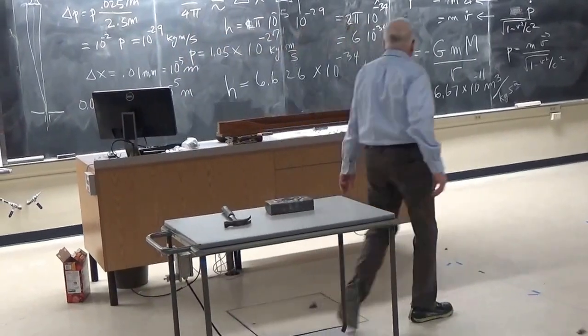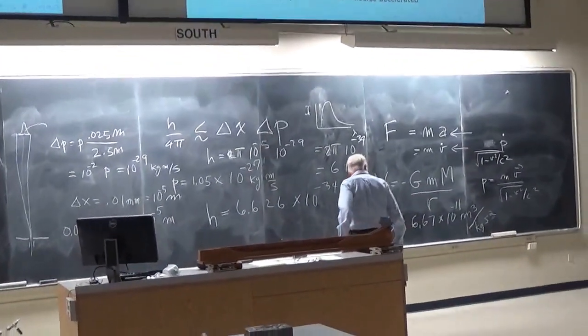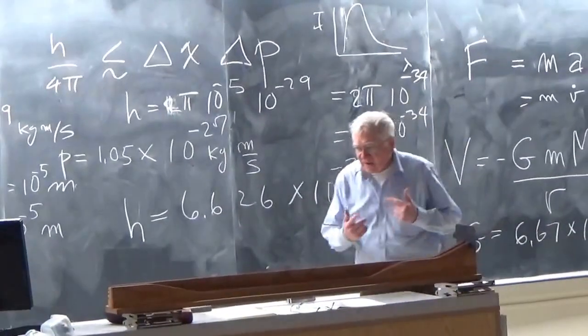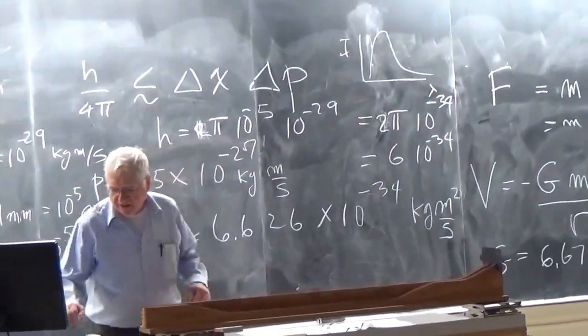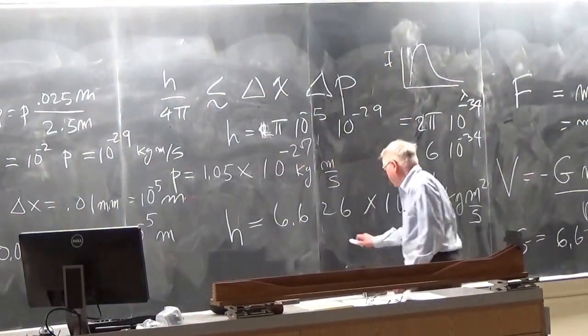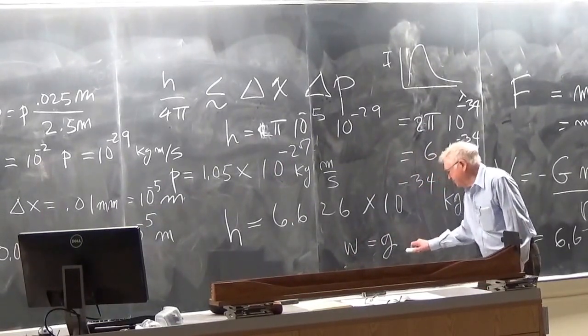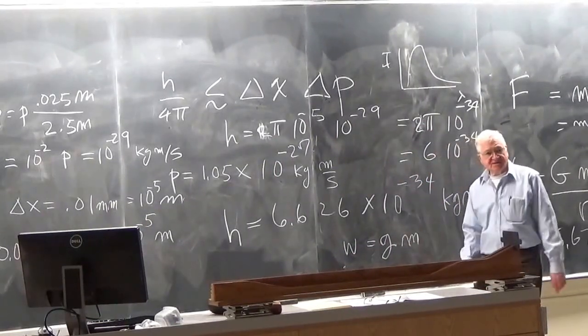Now, what is that conversion factor that gets you from mass to weight? It's the acceleration of gravity. So the weight of something is g, the acceleration of gravity, times the mass.